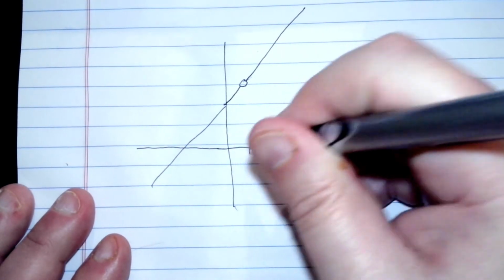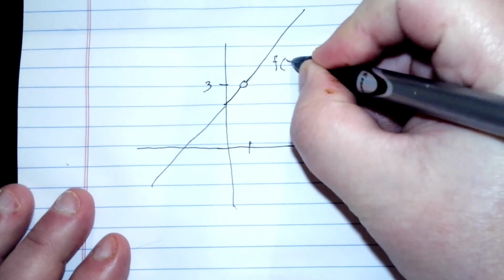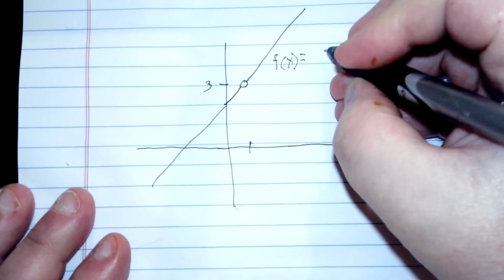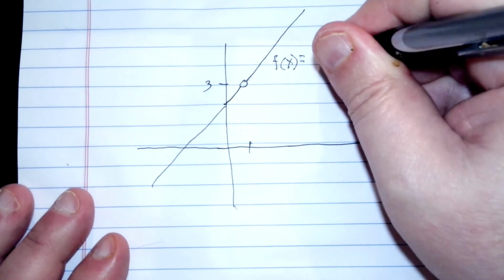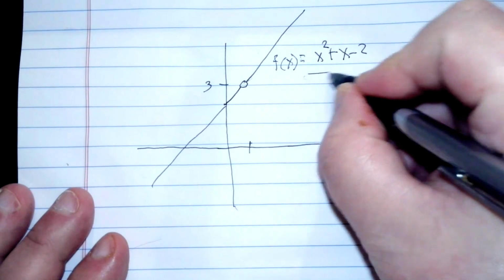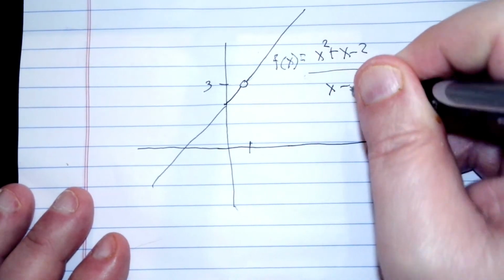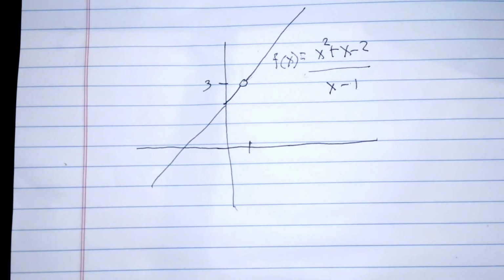Okay, so what have I just drawn? Here's 1, here's 3. Here's the function f of x equals x squared plus x minus 2 over x minus 1. How do I know that's the graph? Well, to be honest, what I did was I graphed x plus 2.